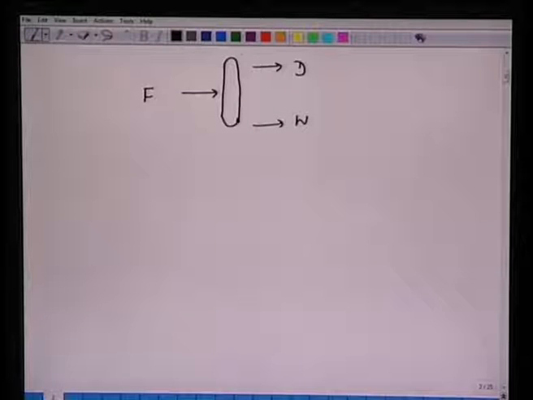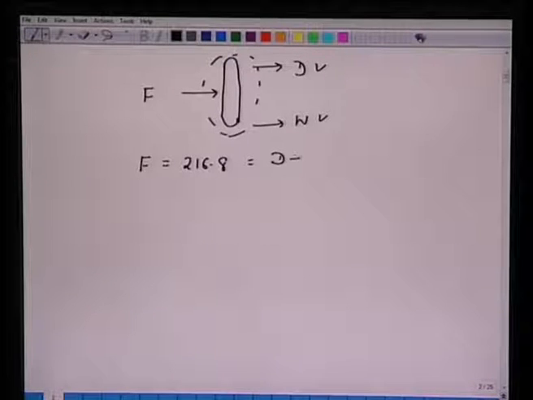So without again going into the problem statement and what are the other quantities, let's see if we can calculate D and W. So we write F as 216.8 equals D plus W. Again we can write a species balance for methanol, F into ZF as D XD plus W XW.